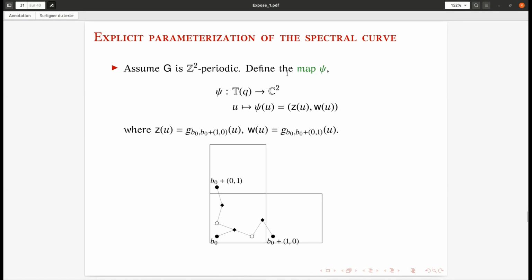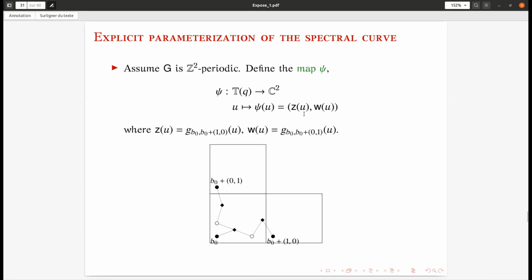And from these tools, we will define a map psi, which goes from the complex torus U into C^2 as follows. It has two components, Z of U and W of U. Both of them are constructed from our function G. So we assume that our graph is in the periodic case.